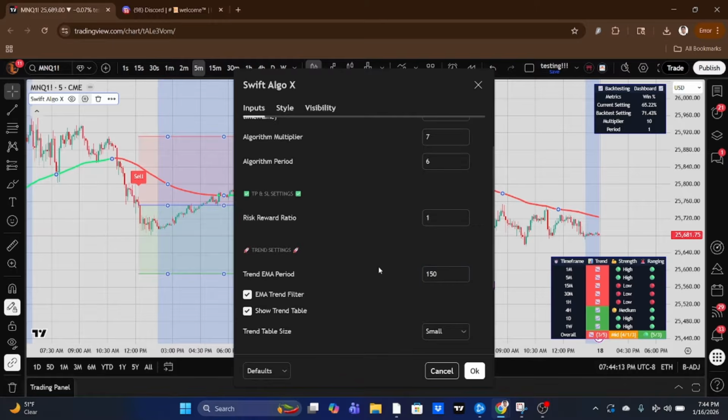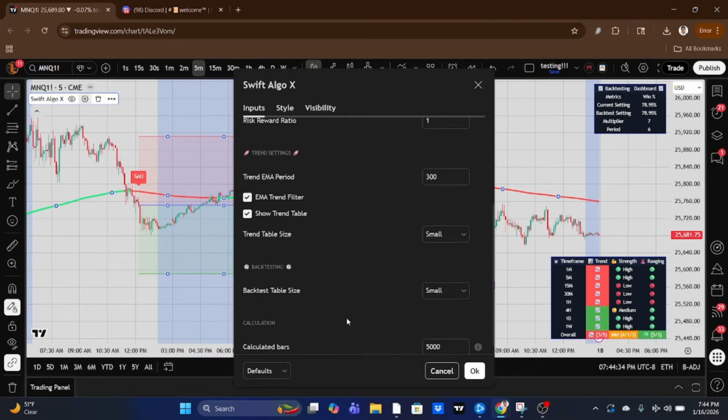About 150 MA, 70%, not bad. EMA 50. So you can always play with this, but I usually keep mine as 300 by default. I feel like 300 works the best for me. So that's why I keep it.